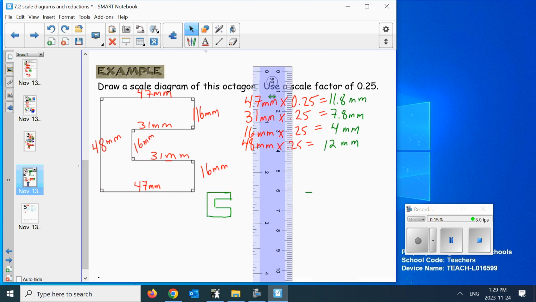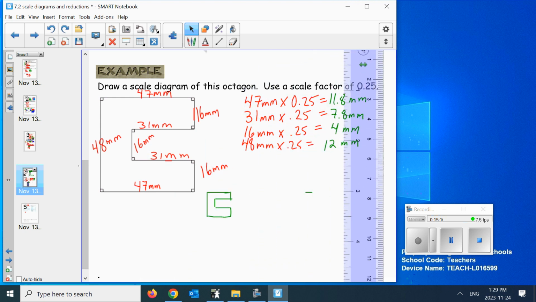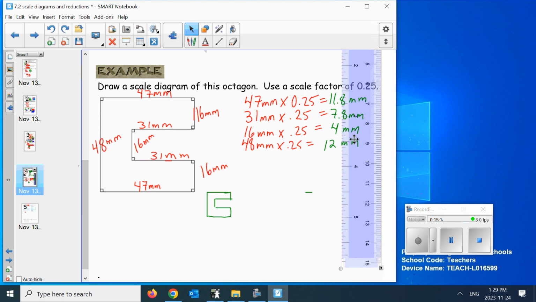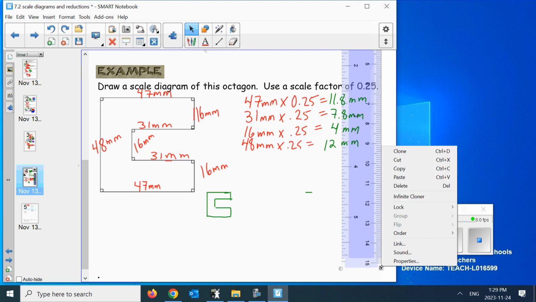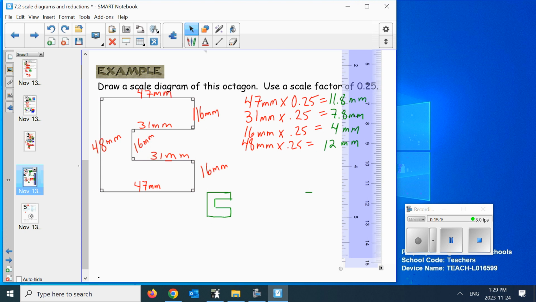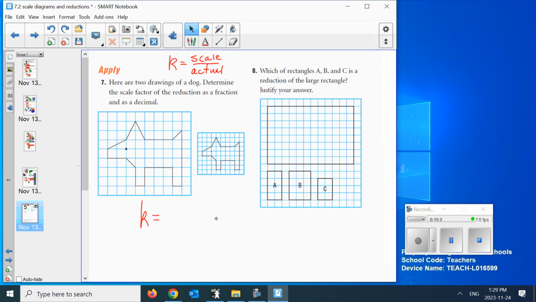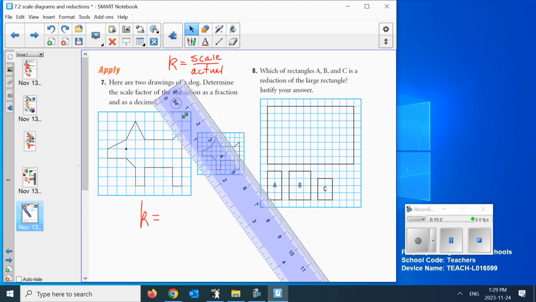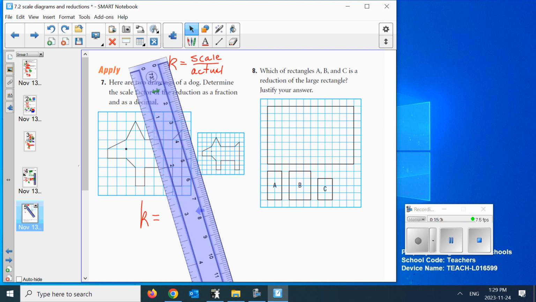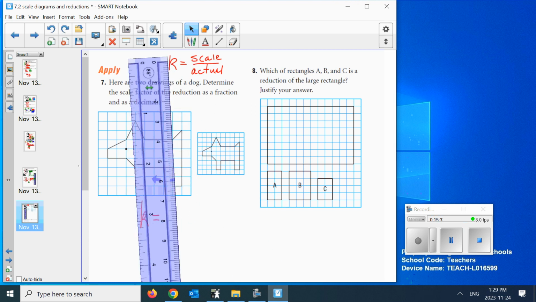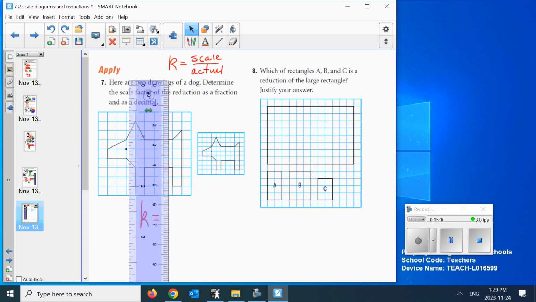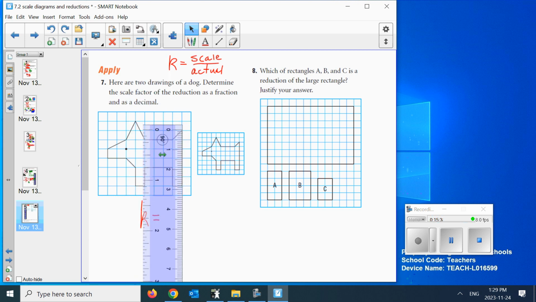Copy. Copy and paste. There we go. I'm going to choose the back end of that dog because I'm going with the longest, because it's easiest to measure.